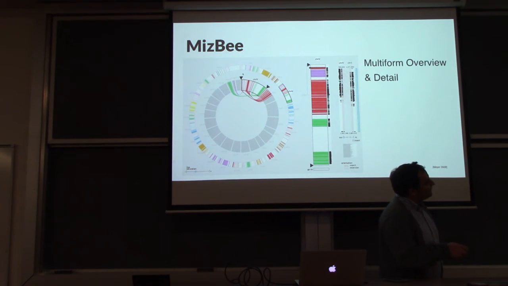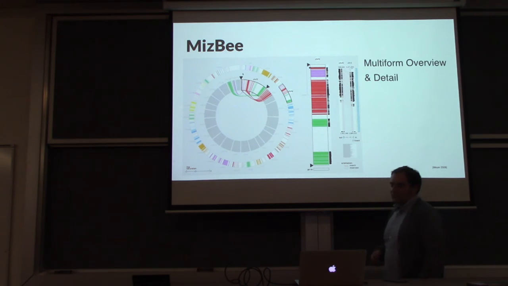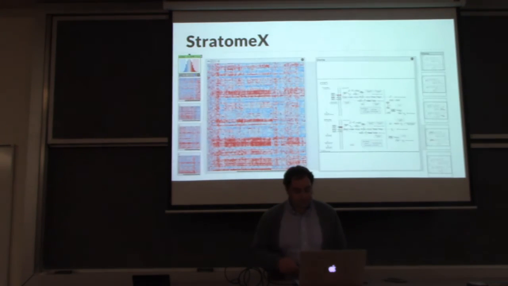And then for this particular chromosome, we have a detailed view here. It shows us more information, essentially for the same region. And then we also have this explicit comparison in the third view here between the selected chromosome and one other chromosome. So, another overview and detail example.